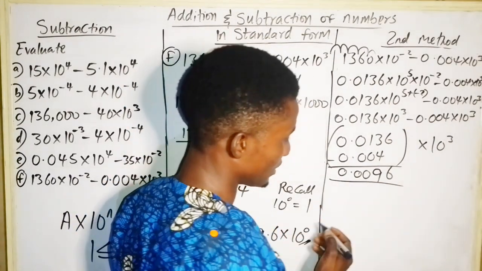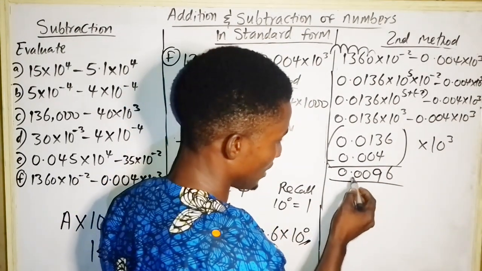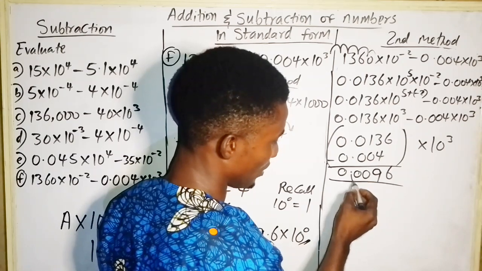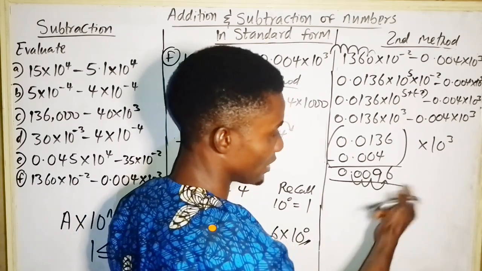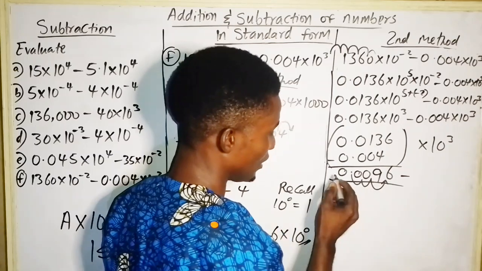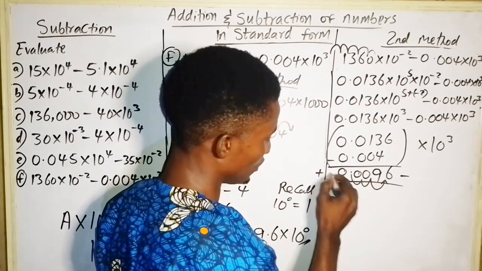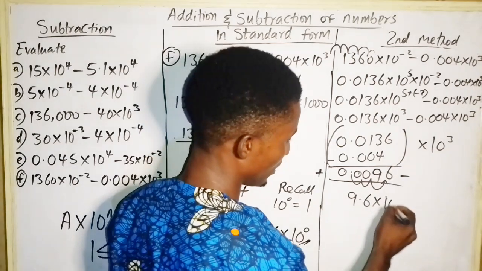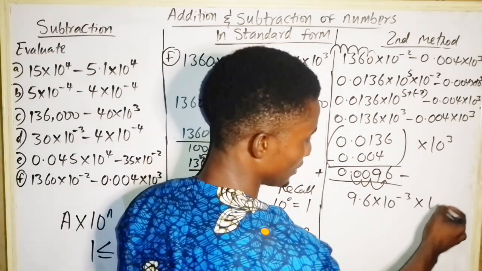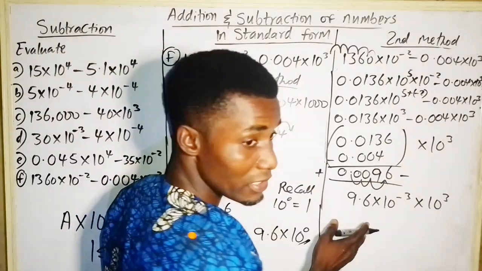So let's express it in standard form by adjusting our decimal point. So we have 1, 2, and 3. Don't forget, I told you if you are moving a decimal point to the right, it will be negative. And if we are moving it to the left, it will be positive. So we're going to be having 9.6 times 10 raised to power minus 3 times 10 raised to power 3. So let's adjust this number now.